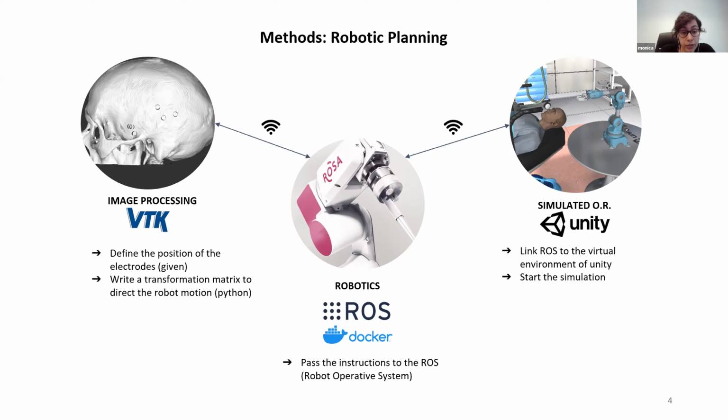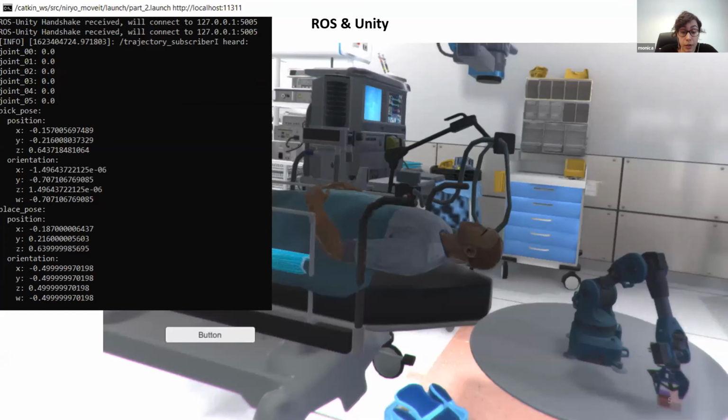What we have done was here, as you can see, an example of the communication between ROS and Unity. So with the creation of a button in the Unity graphical user interface, and this button is connected to some functions in ROS.